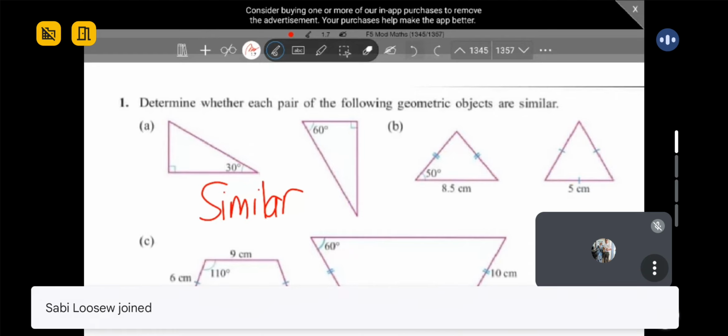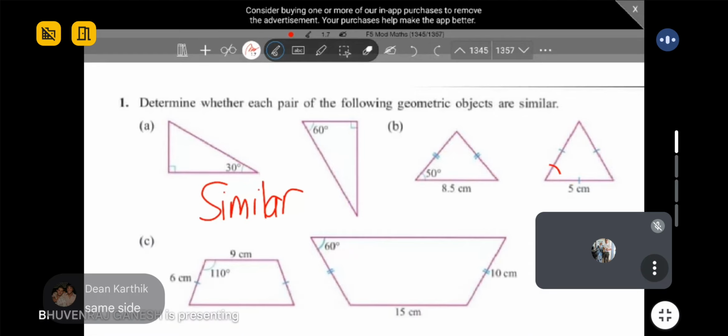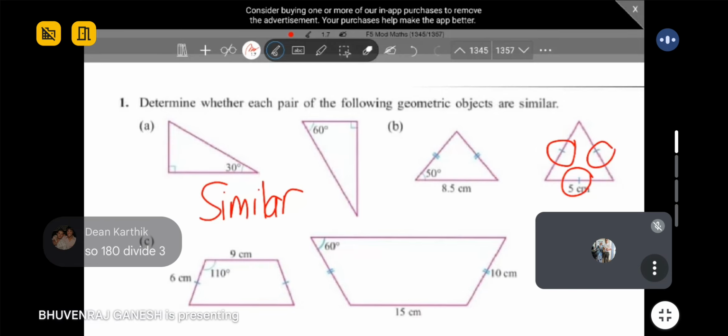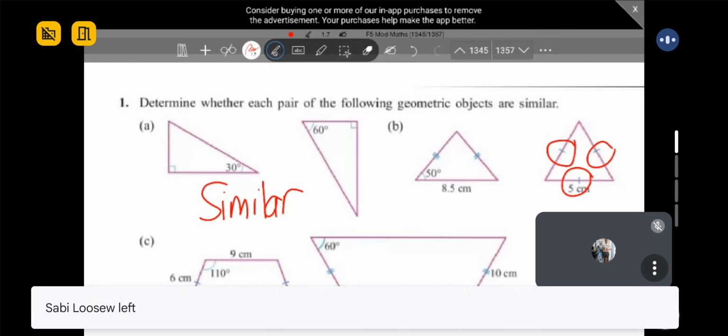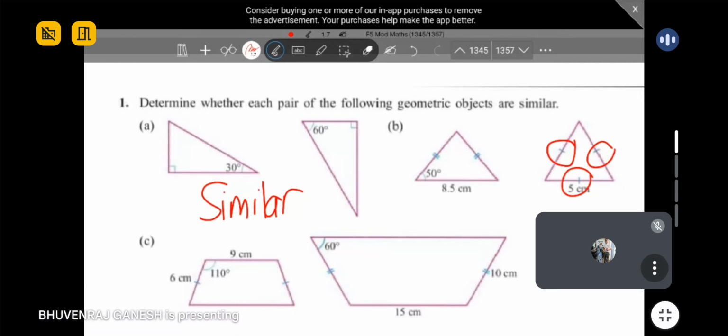Why is it 60 guys? Mengapa 60 darjah? Give me a reason. This one. Why you get 60? Yes, same side. Okay guys, bila kamu nampak tanda macam ni, if you see symbol like this, is same side. Okay, segitiga sisi sama. Yes, 180 divided by 3. So 60 darjah.